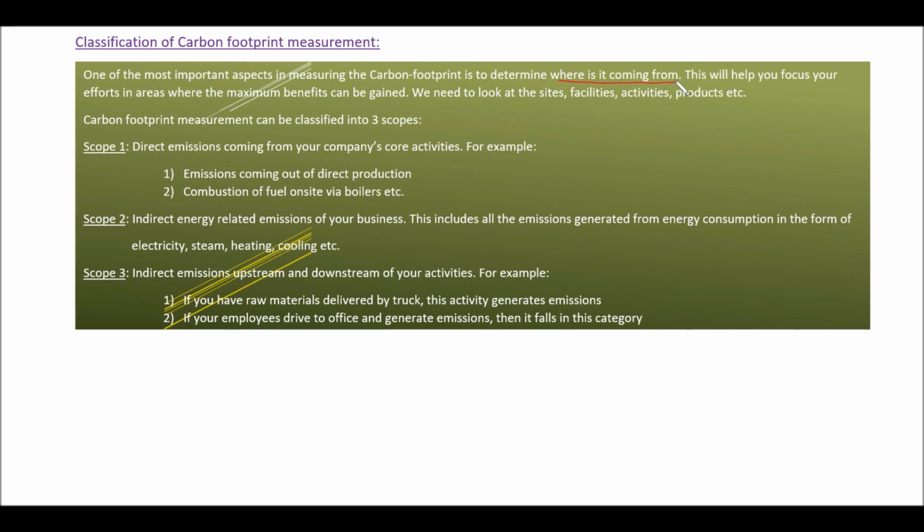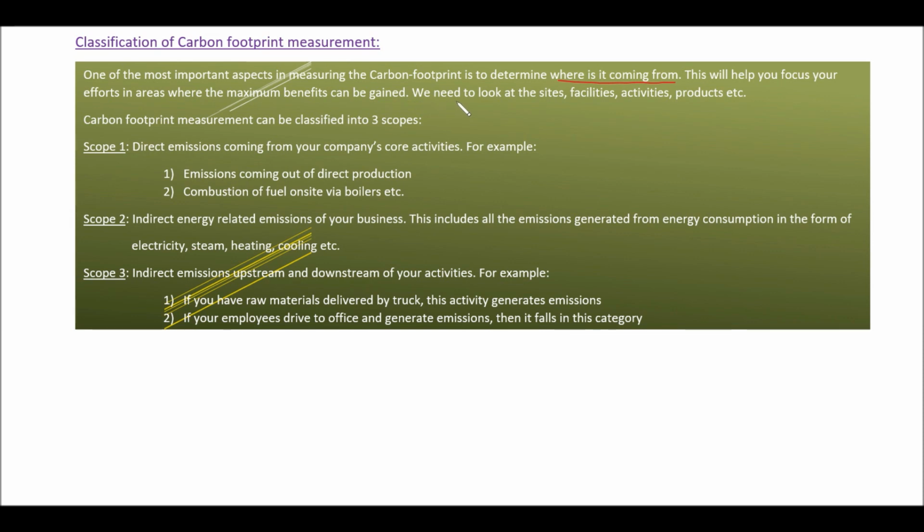An organization can have multiple aspects of its functioning. When you're measuring the carbon footprint, we first need to determine where the carbon is getting generated from. This will help you focus your efforts in areas where the maximum benefits can be gained.